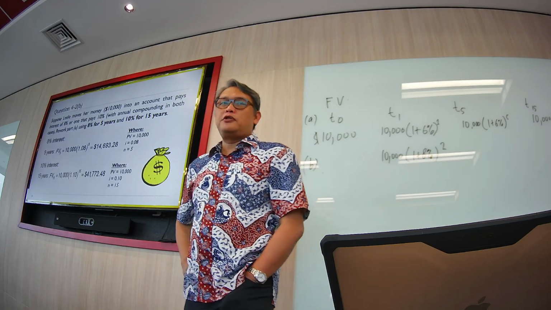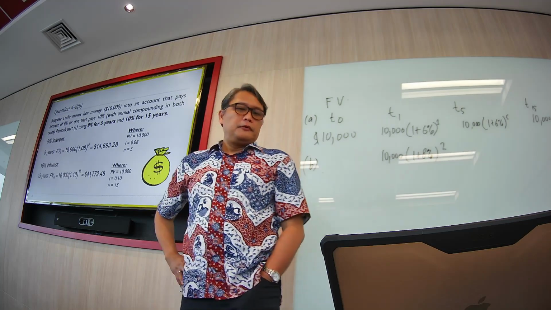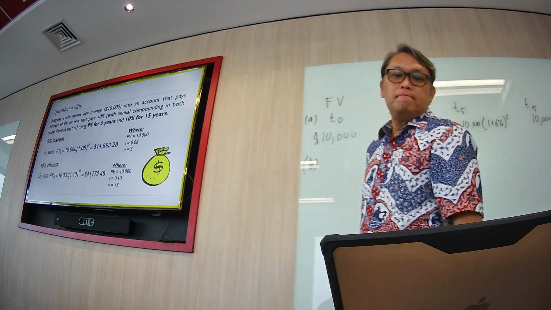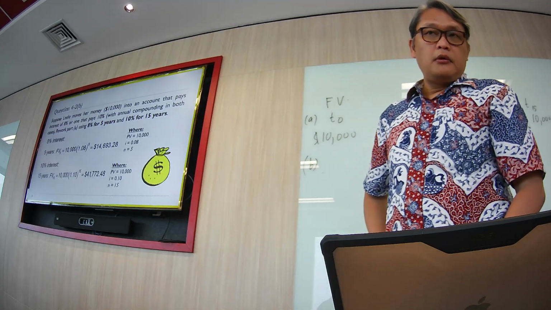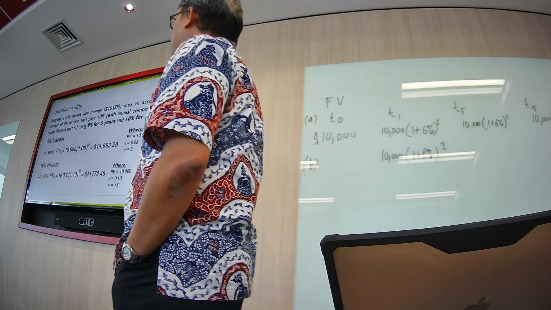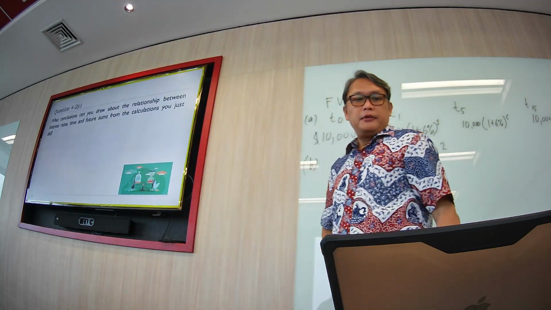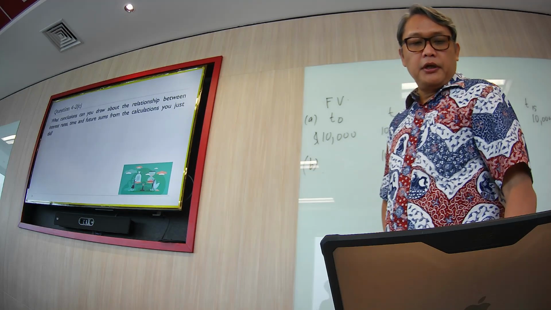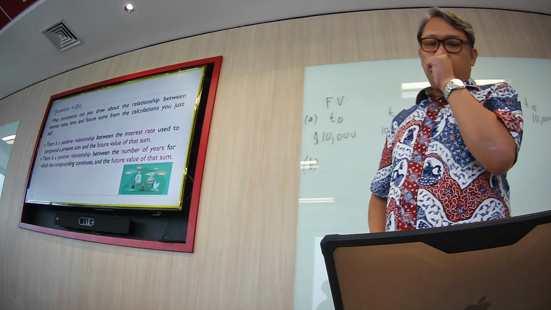So this is about future value. When you finish all of your calculation for future value for point A and point B, then you can answer for point C. Relationship between interest rates, time, and future sums from the calculation, right?